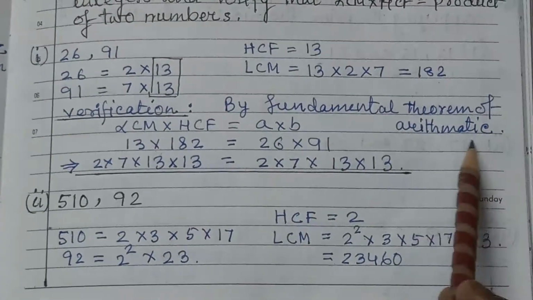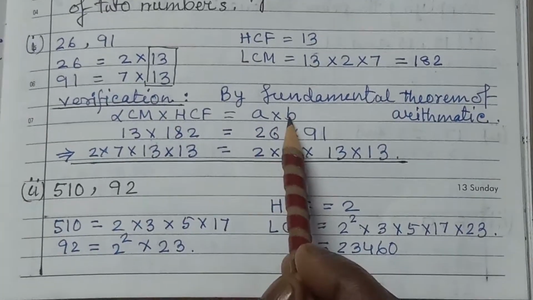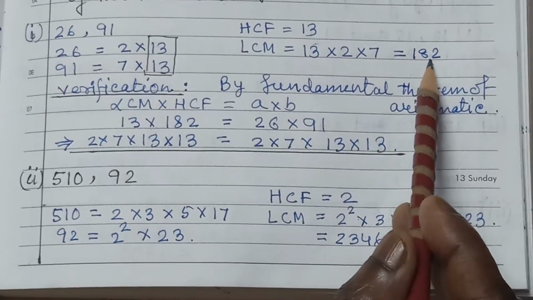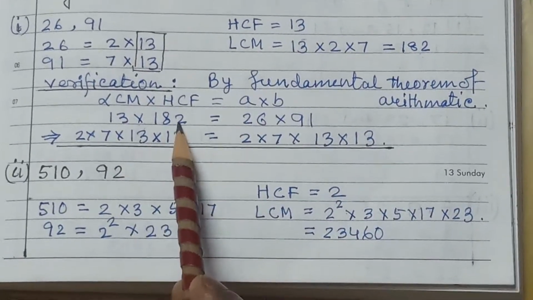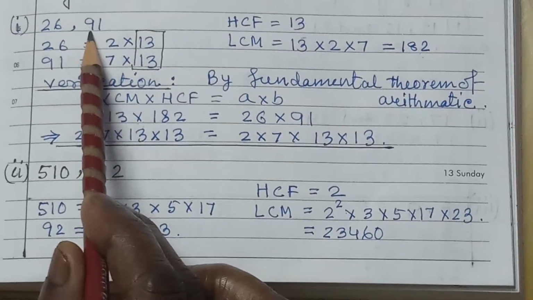By the fundamental theorem of arithmetic, we have to show LCM into HCF is equal to A into B. So LCM into HCF is 13 into 182, and A into B is 26 into 91.